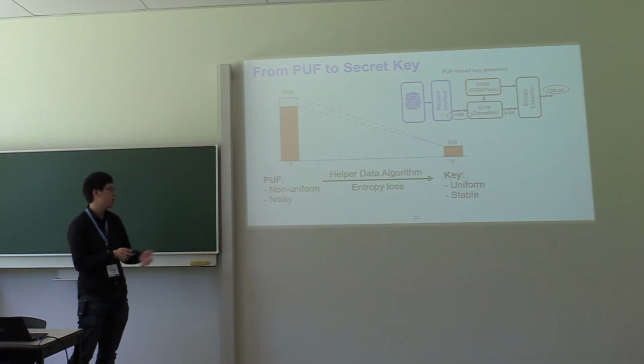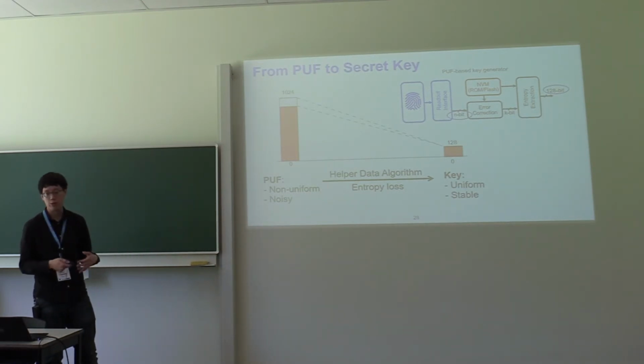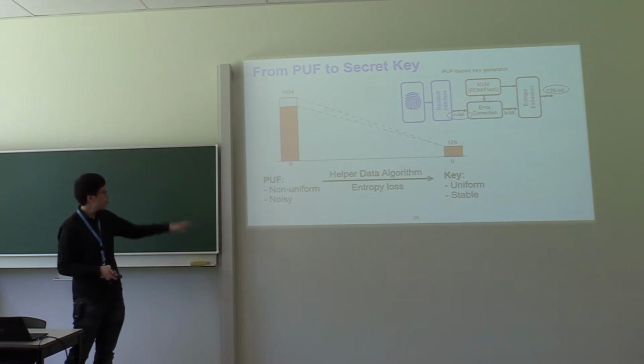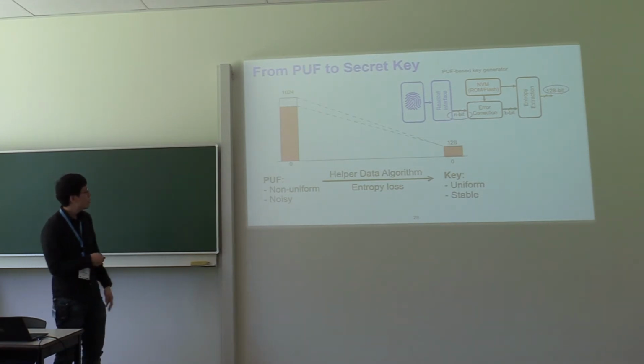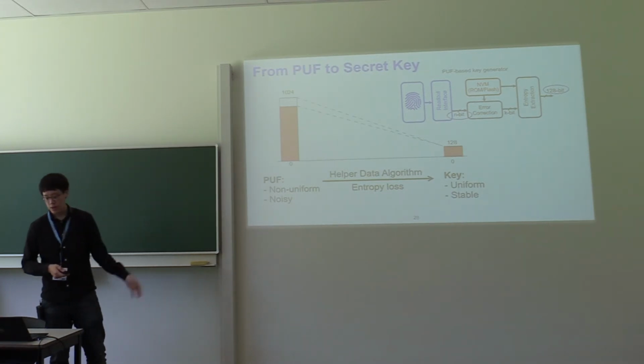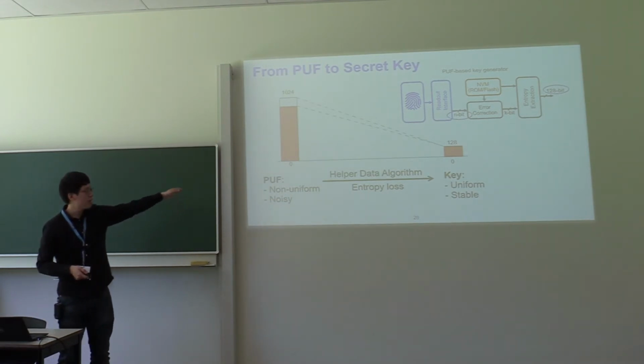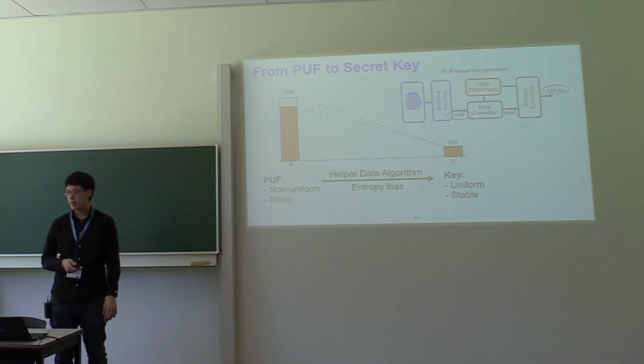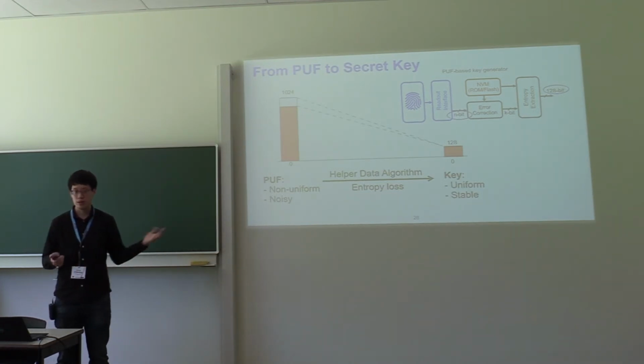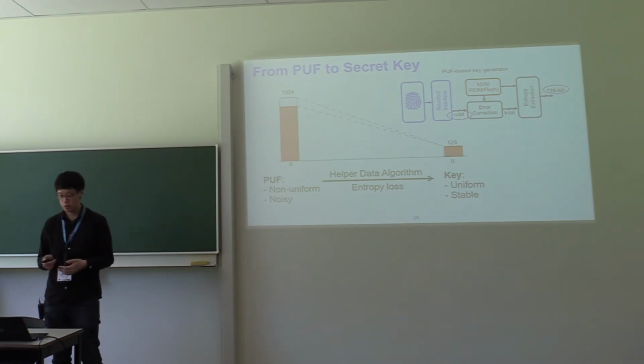We finally have a key which is uniform and stable with full entropy. And we know this scheme would only work if you already have a mean entropy higher than 128 bits. If you don't have enough entropy in the first place, then this scheme will not work.